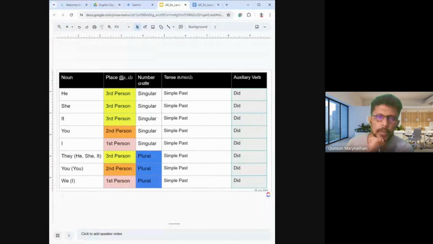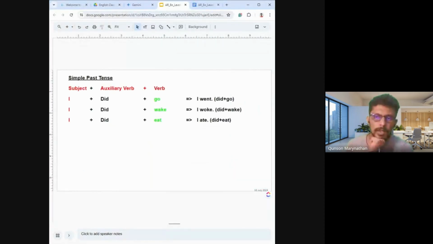And how do you use that auxiliary verb? We learned this structure where you have a subject and then the auxiliary verb and the verb. Here, the auxiliary verb and the verb come together. They join together and form one word. Say, for example, if you take the auxiliary verb did and you take the verb go, you merge them, you join them together, and it becomes went.